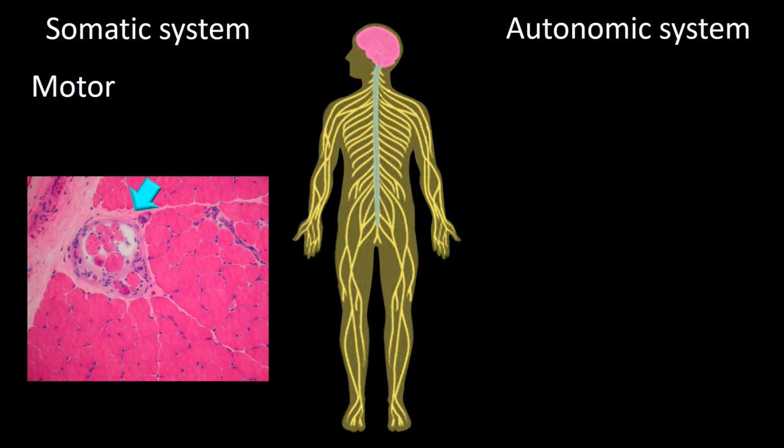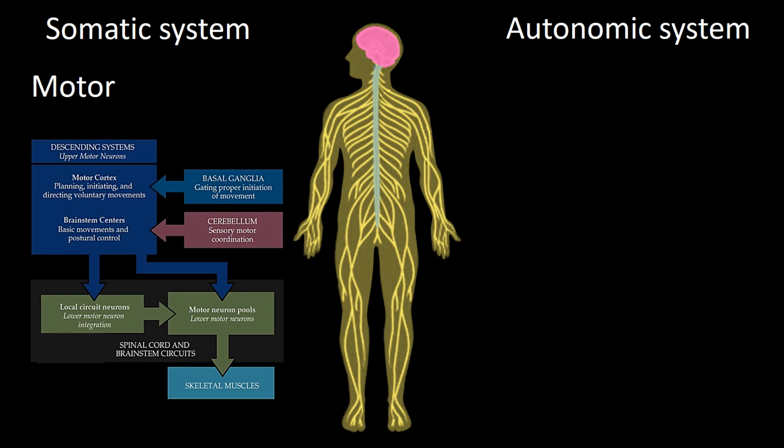Neither are we to include in our discussion of the motor arm of the somatic system the many central nervous system centers involved in adjusting voluntary movements, which I have signaled by an asterisk in this frame.